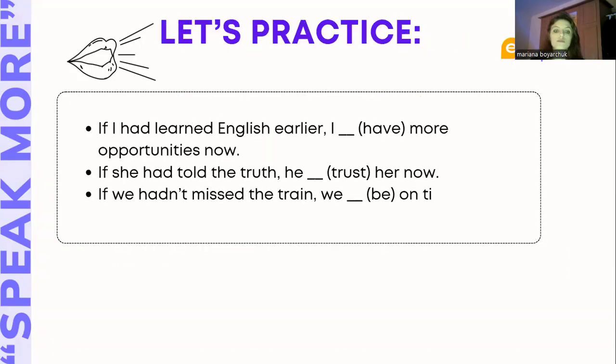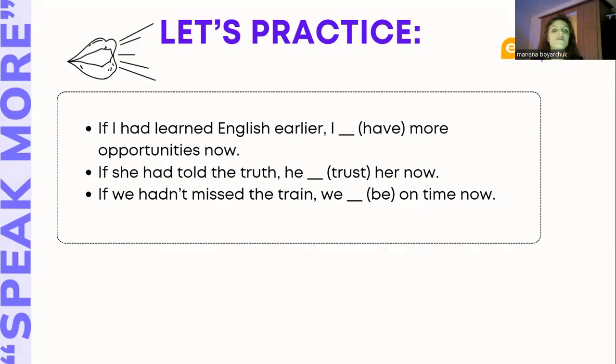Let's practice. Take your time to think how we should write the verbs in brackets. What tense should we use in these examples? If I had learned English earlier, I more opportunities now.